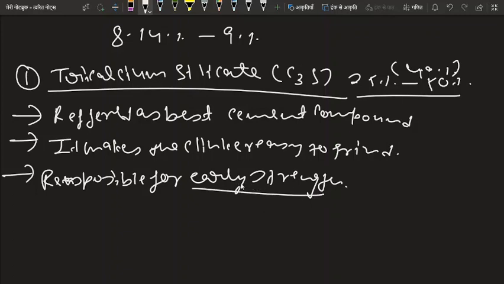Look at here, one thing: it is responsible for early strength, it is not responsible for early setting. Don't confuse it. It is very confusing.